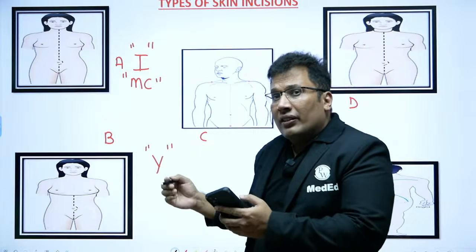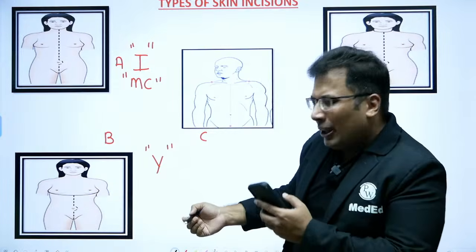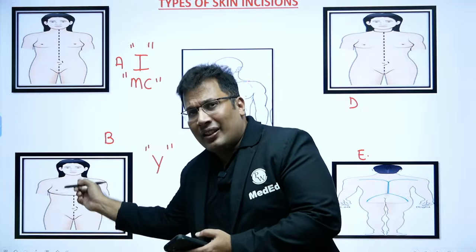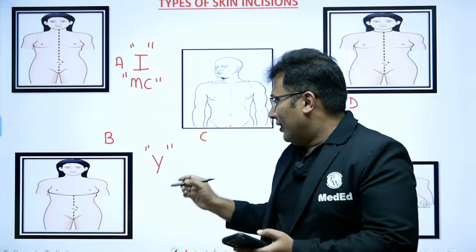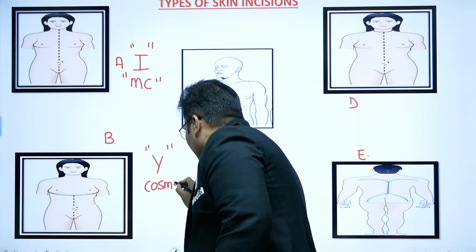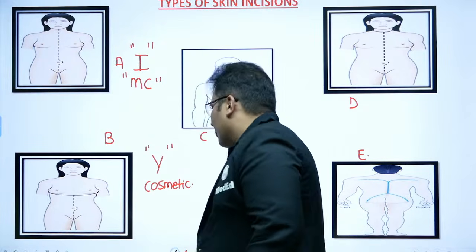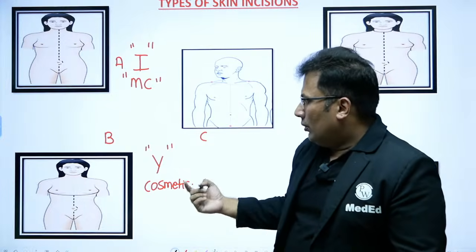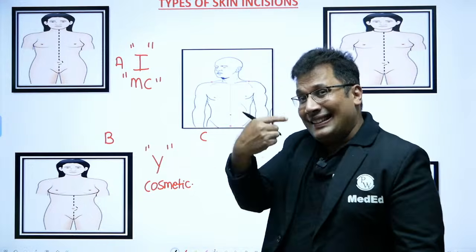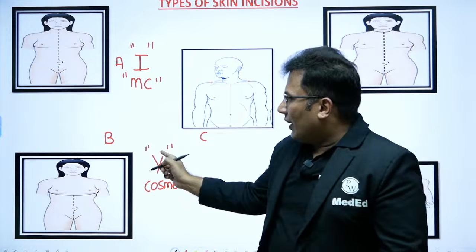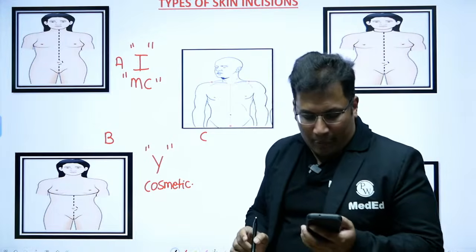It is given differently in some other book, but you can write the same example. So we start with the acromion, undersurface of breast, and to the midline to the pubic symphysis. It has cosmetic importance, especially in females. Incision over the chest, over the mammary gland, doesn't look good. So that's why Y-shaped incision is used.